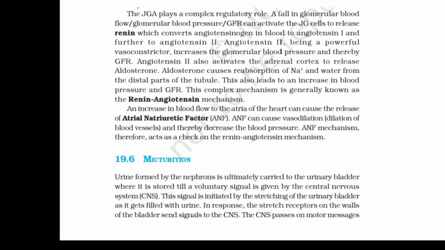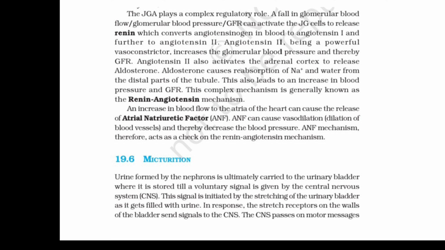A fall in glomerular blood flow, glomerular blood pressure or GFR can activate the JG cells to release renin, which converts angiotensinogen in blood to angiotensin I and further to angiotensin II. Angiotensin II, being a powerful vasoconstrictor, increases the glomerular blood pressure and thereby GFR.